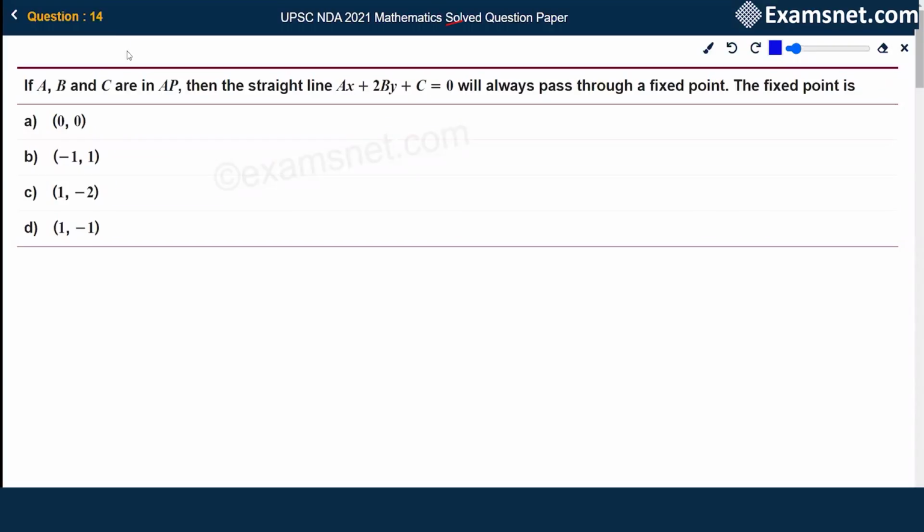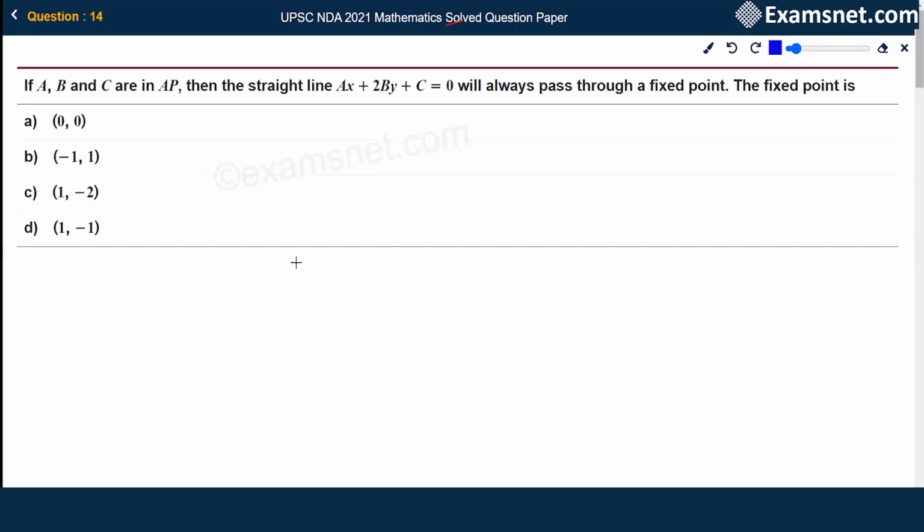In question number 14, it is given that if a, b and c are in AP, then the straight line ax plus 2by plus c equals to 0 will always pass through a fixed point. And we need to find the coordinates of that fixed point. Since the concept of AP is given in this particular question, first we will talk about the concept.